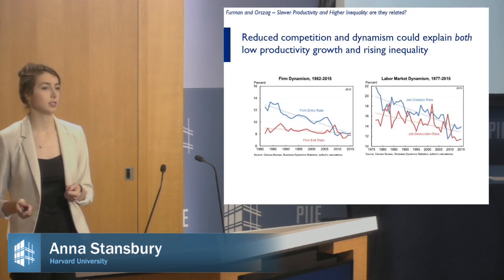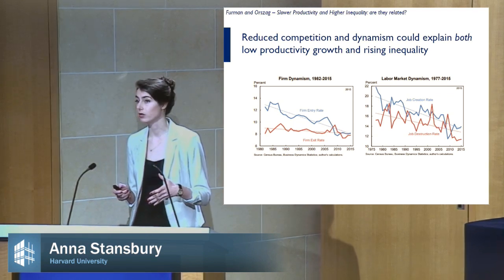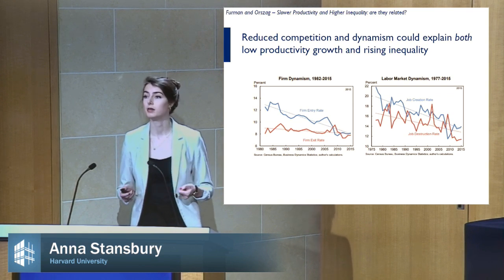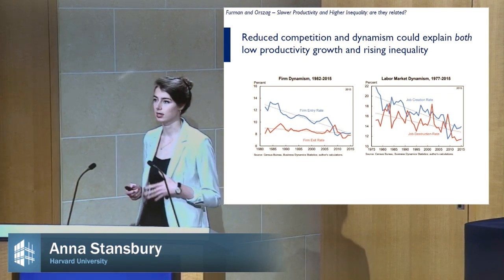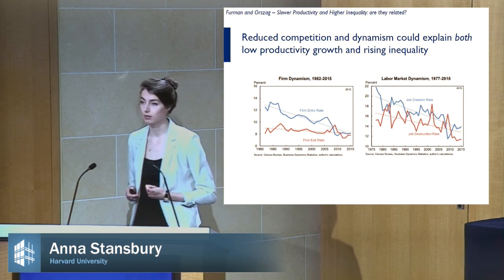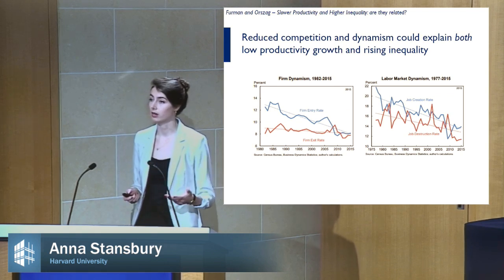Jason Furman and Peter Orszag's paper posits a common cause for the decline in productivity growth and the rise in inequality. They argue that reduced competition and dynamism is characterizing recent years in the US economy. They document a declining entry rate of firms, declining job creation, declining labor mobility, declining success of young firms.